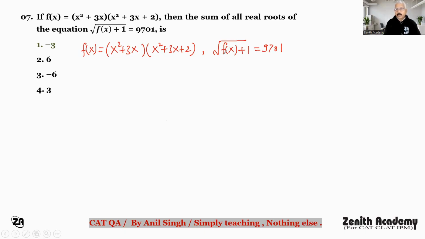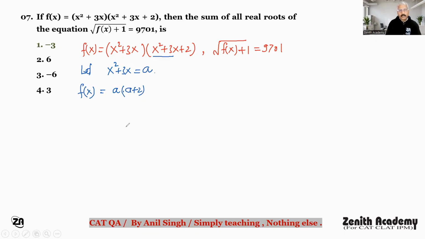Okay, so let us put here the value of f(x). But before that, do one thing. It is x square plus 3x, into x square plus 3x plus 2. So let x square plus 3x be equal to A. So this f(x) is A into A plus 2.